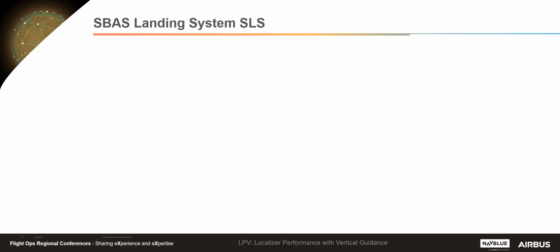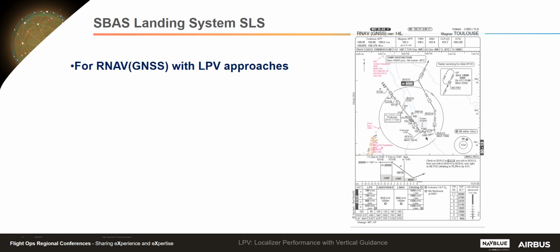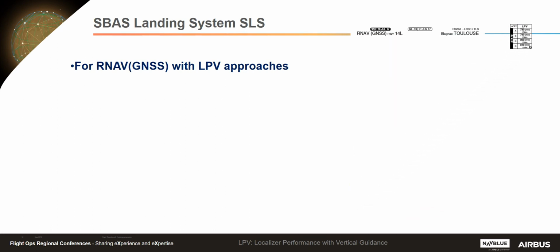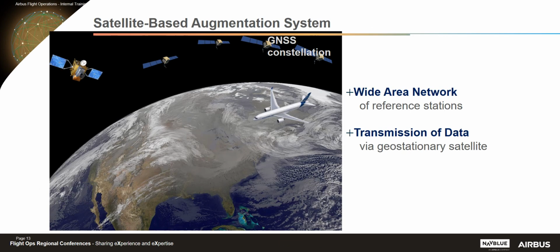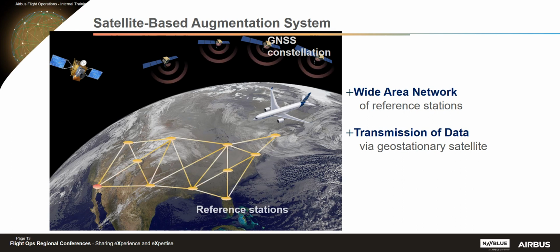The Airbus solution SLS, for SBAS landing system, is the guidance mode to fly RNAV GNSS down to LPV minima. As for FLS, you will never see SLS on a chart. The augmentation works the same way as for GLS, but for a wide area via a network of reference stations and not only a single one.